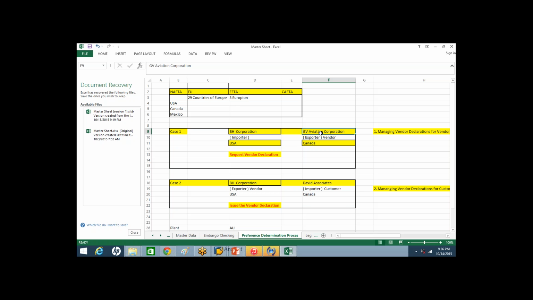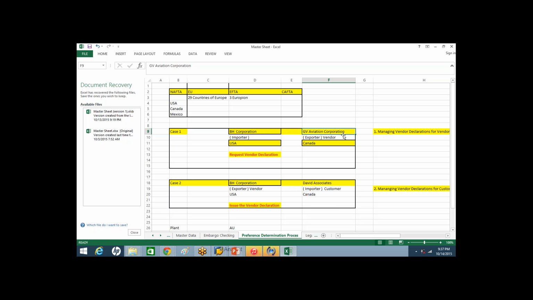The GV Aviation Corporation. Whoever is the vendor sending the goods to the importer in the destination country, the exporter, is supposed to provide a certificate of origin document. That proof is also called, in SAP GTS, a vendor declaration.